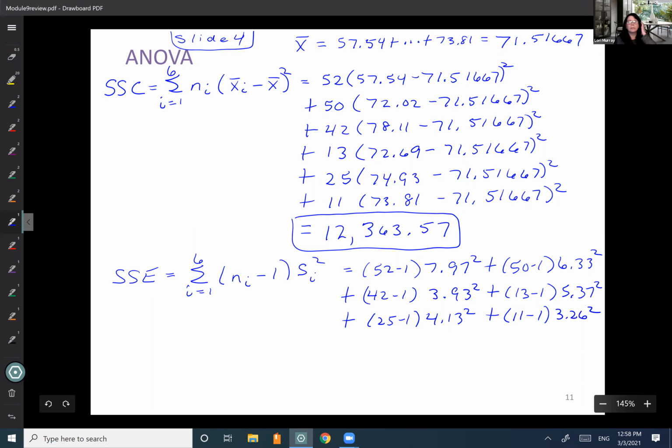So if you go to slide 4, you can cross-reference this to see that it's all been written down accurately. Just going to do a quick check. I believe that is right.